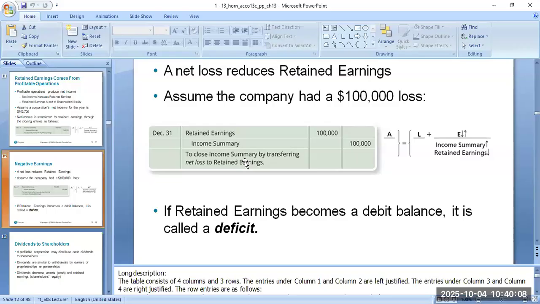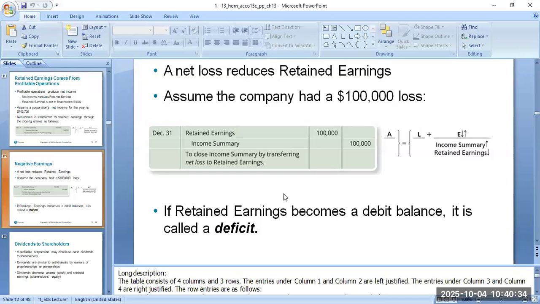But since the retained earnings belongs to equity, and we already saw that every time we debit an equity account, that reduces the balance, that means in this case we're going to generate a deficit, or shareholders' equity is going to go down, because the retained earnings is part of the equity section of the balance sheet.